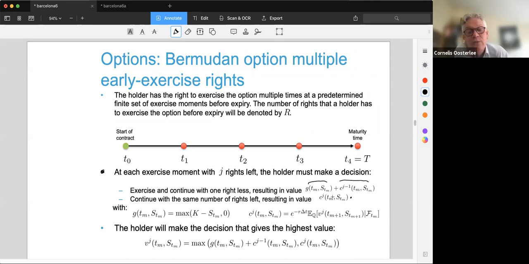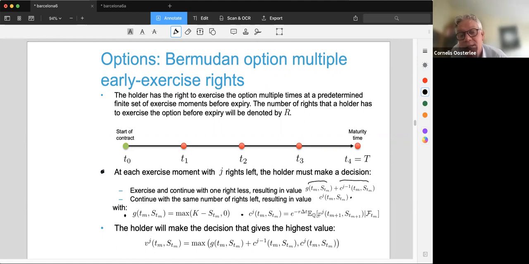It's one of these 2. Typically, the exercise is just as we noticed, but continuation with J rights left means you look at the discounted expected value under the measure Q of the option value at a new time with still J rights left.